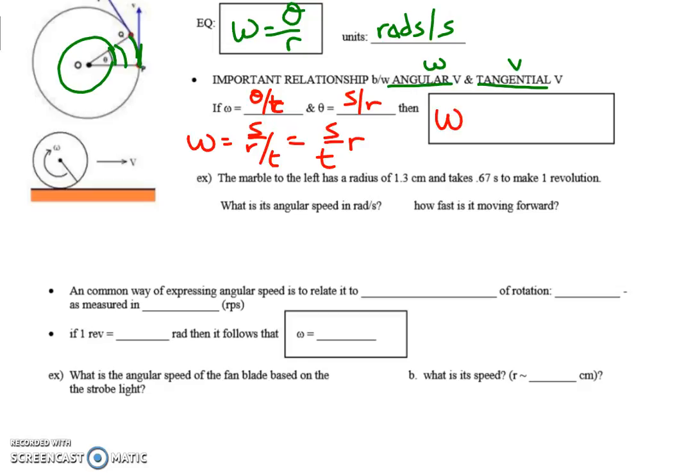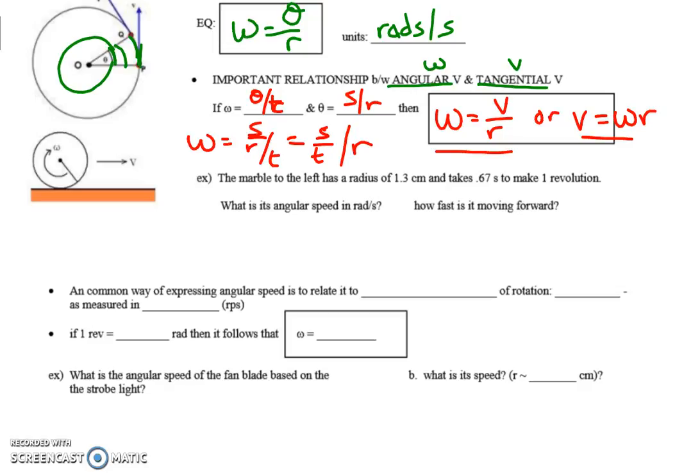So we can say that omega is equal to, I'm sorry, I've got the r's in the wrong place. Oops, silly me. So this would be v, or s over t, divided by r. So omega is v over r, or tangential velocity is omega r. And that's a relationship we're going to come to again and again and again.